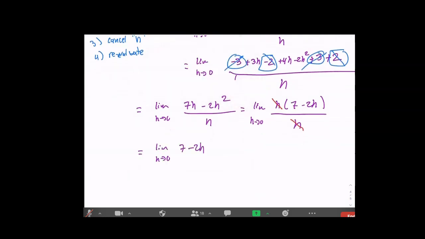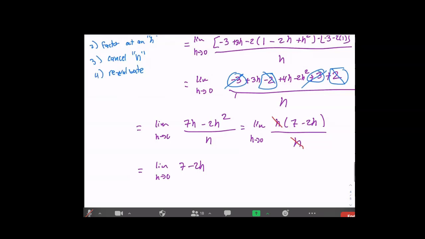And what am I going to do now? I'm very happy with what the problem is right now. I'm like, okay, now it's an easy final step. How do I evaluate this? How do I evaluate a limit? Come on, we only got 1 minute.